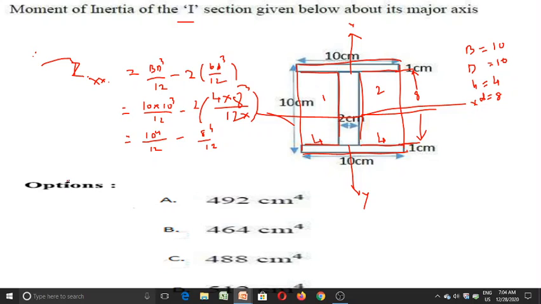Among all these things, take out the common 1 by 12, of 10 power 4 minus 8 power 4.